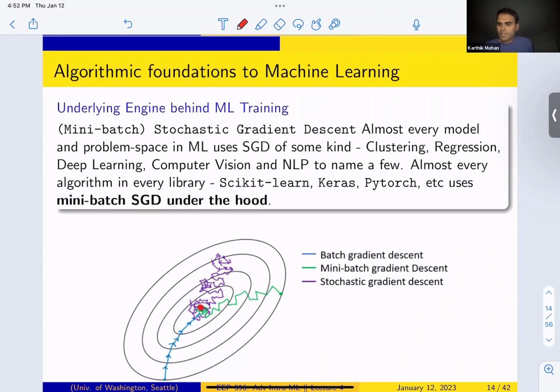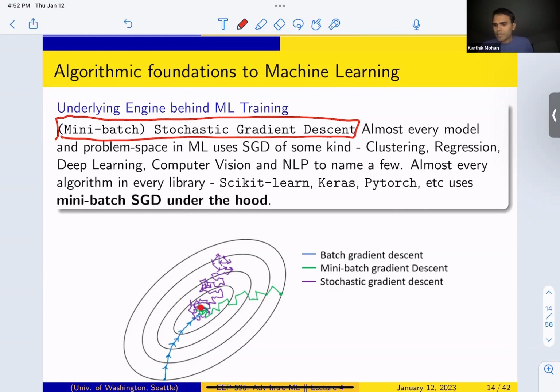Currently in the industry, mini batch SGD is the state of the art. Obviously there are different settings within it which have been optimized over the years, but the fundamental algorithm used to train on really large scale data is mini batch SGD.